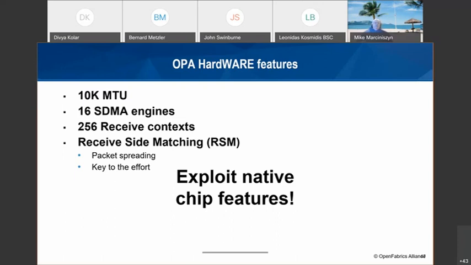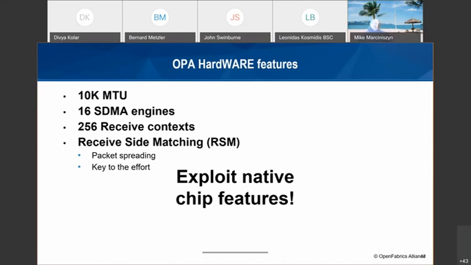Now, the key feature here is our receive side matching capability that's in the chip. What that provides is the capability of spreading packets across some number of the above 256 receive contexts, and it actually is the key to the effort. So we started this effort to explore these native chip features to get better performance over what the traditional IP over IB would give us.